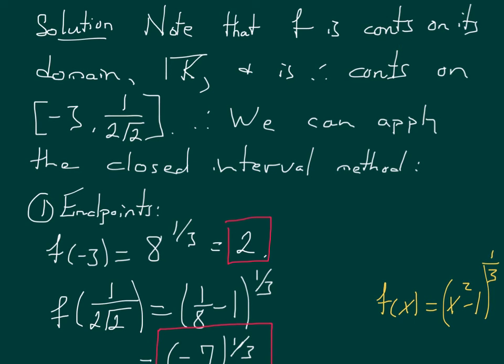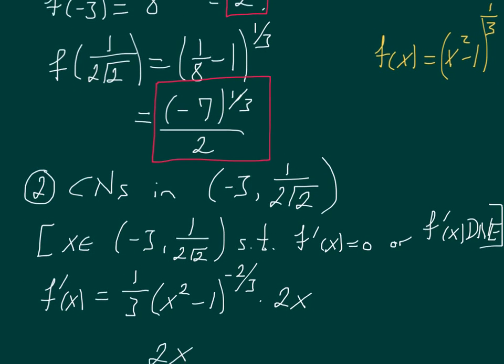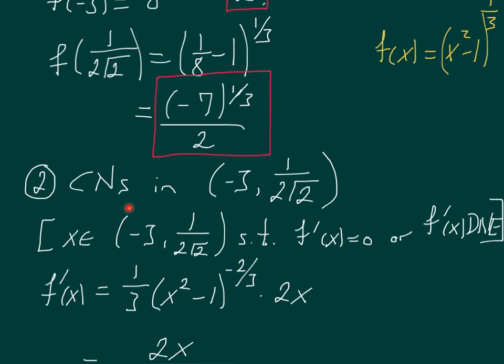So you should say that your function is continuous on your closed interval. Then you evaluate f at the two endpoints. Next, you evaluate f at the critical numbers in your interval. Remember, don't evaluate f at all critical numbers, just those critical numbers in the interval.